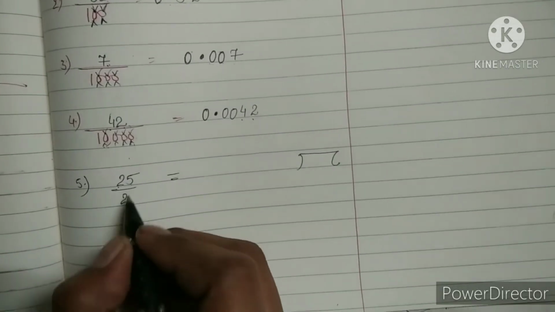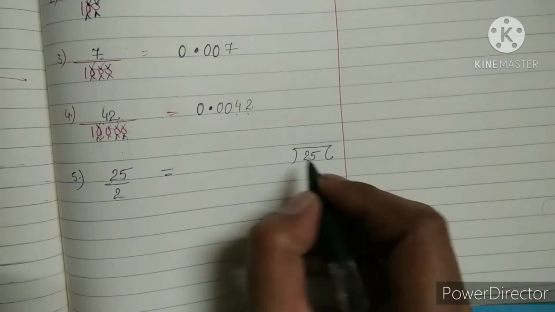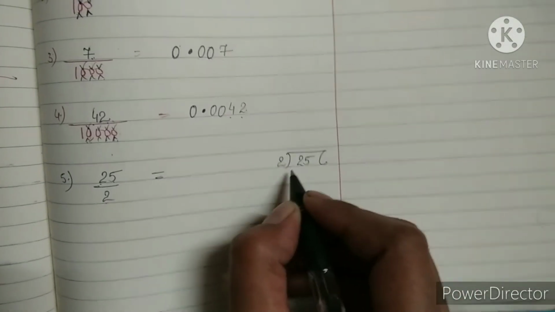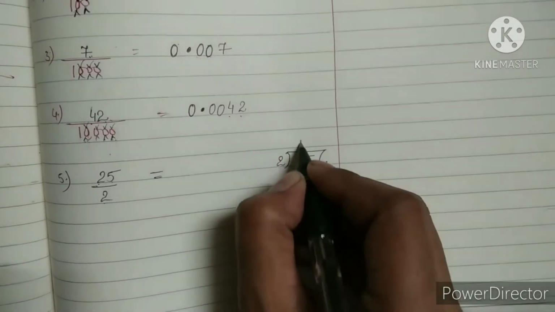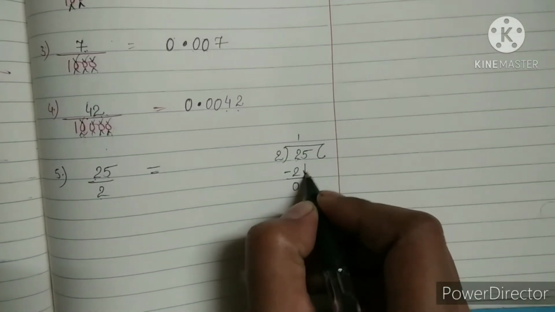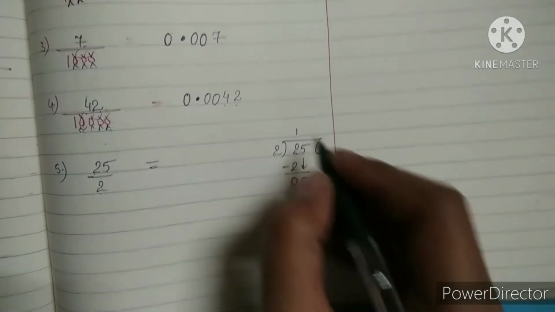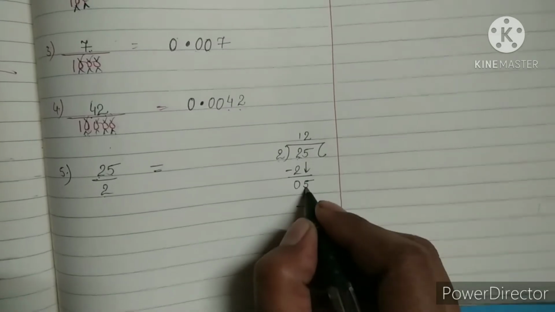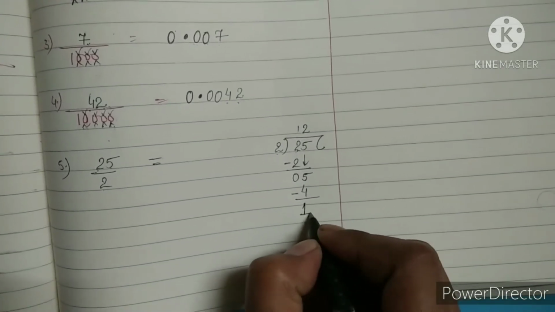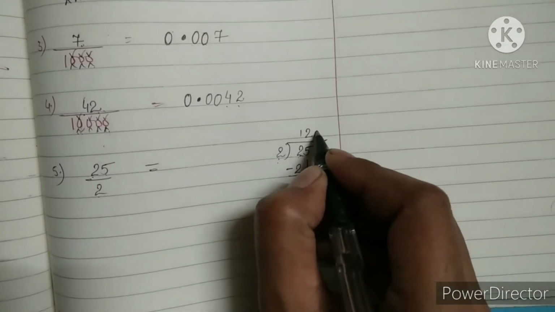It means 25 is divided by 2, so 25 goes inside and 2 divides 25. You can see 2 1s are 2, 2 minus 2 is 0, 5 will come downside. Now 2 2s are 4, 2 goes here. Now 5 minus 4 is 1. 1 can't be divided by 2, that's why I am putting a decimal here.